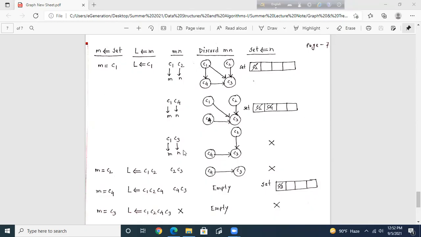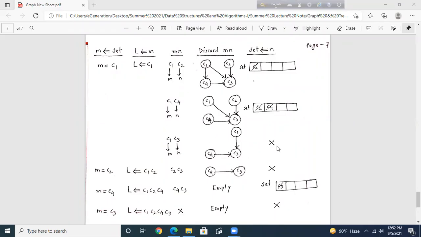Now, dear student, you have to check whether you can write n inside the set or not. Since our n value is C3, whether you can write C3 inside the set.